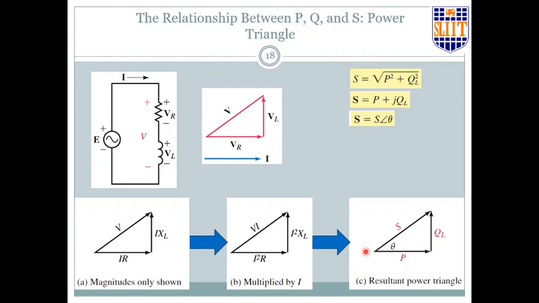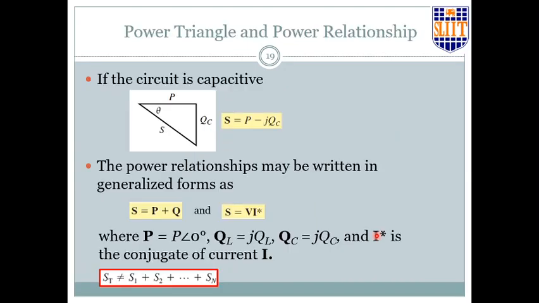So this is on the real axis, this you can treat as a complex number, which is jXL, and this also can be represented as a complex number. So two complex numbers added give a complex number result.